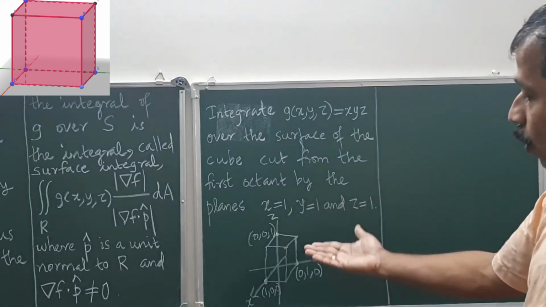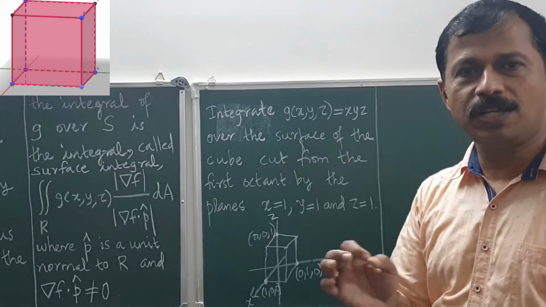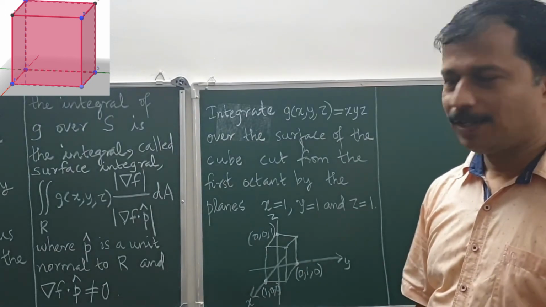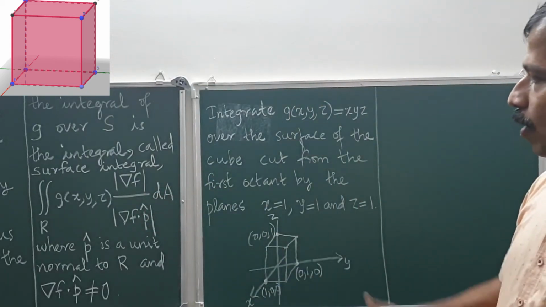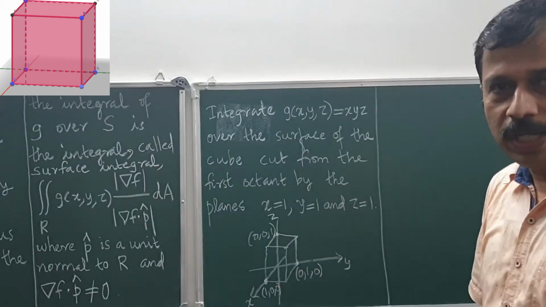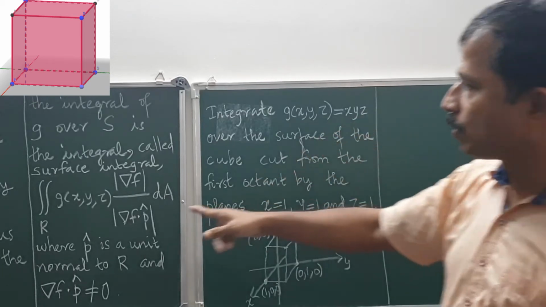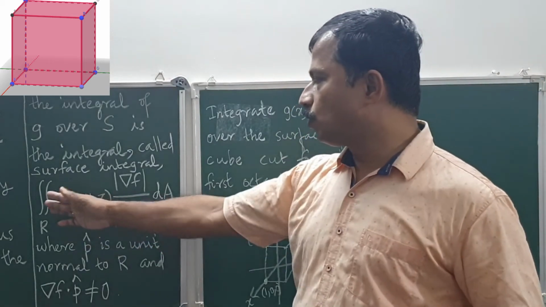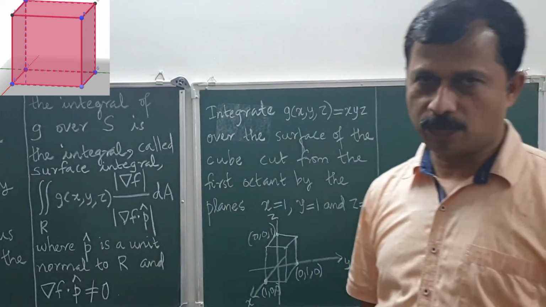On the xy plane, z is equal to 0, so on that face our g will become 0, and the double integral will be 0.